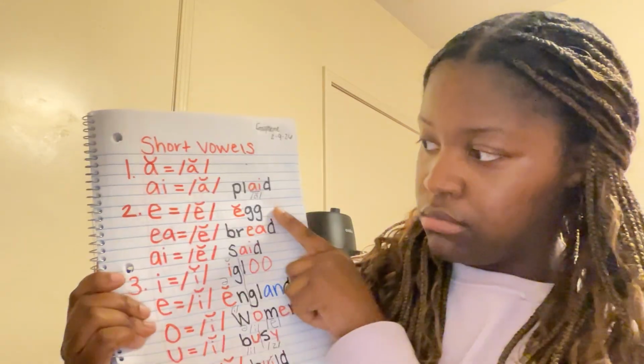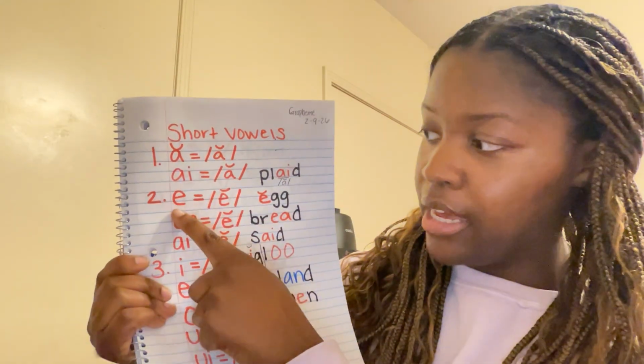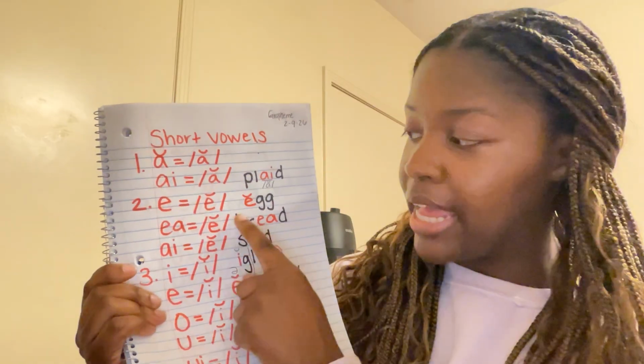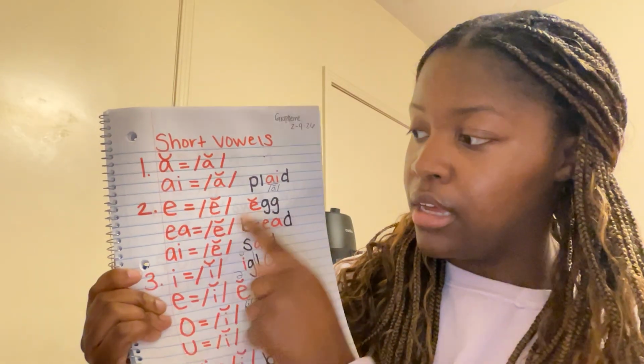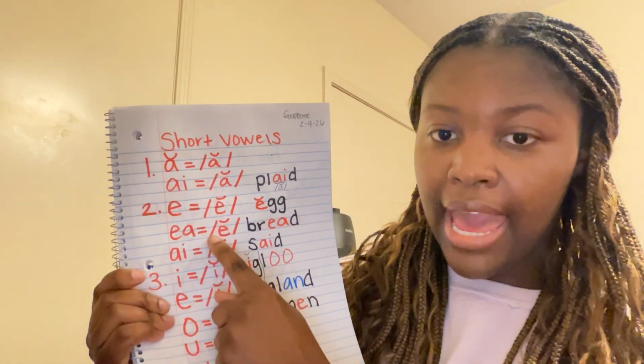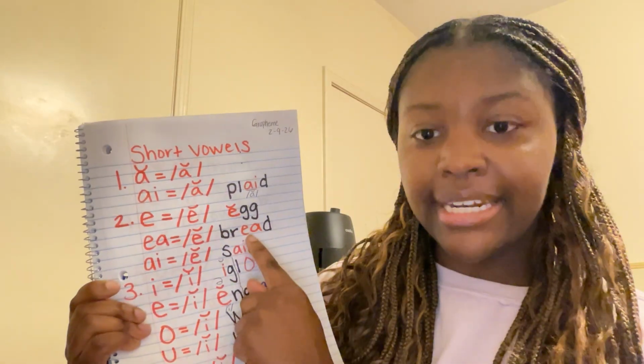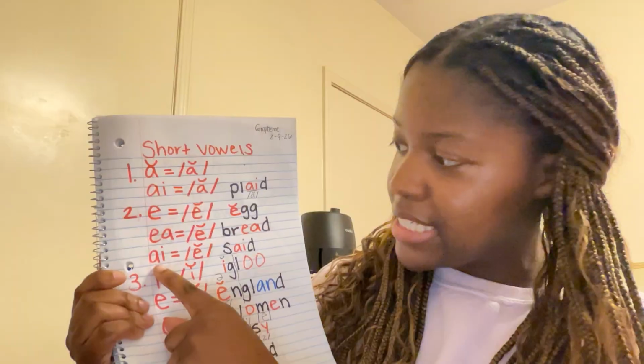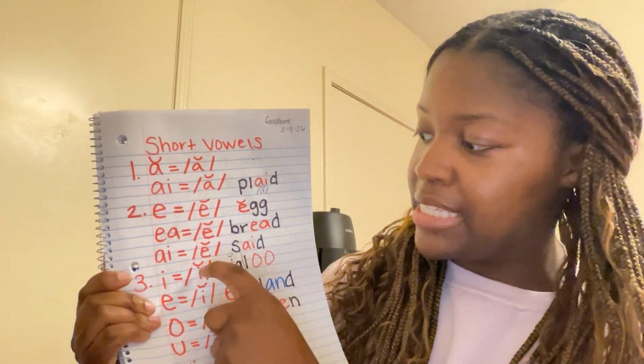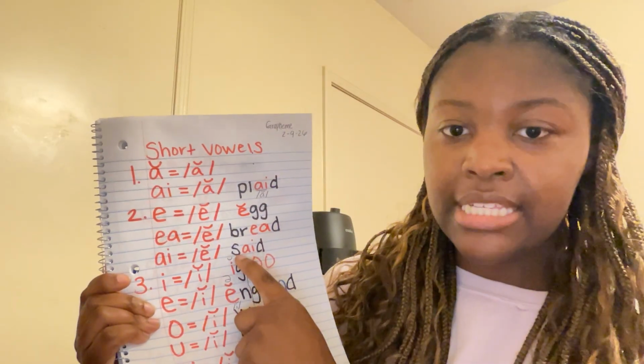Next, I have E that says eh, like in egg. Next, I have EA that says eh, like in bread. Next, I have AI that says eh, like in said.